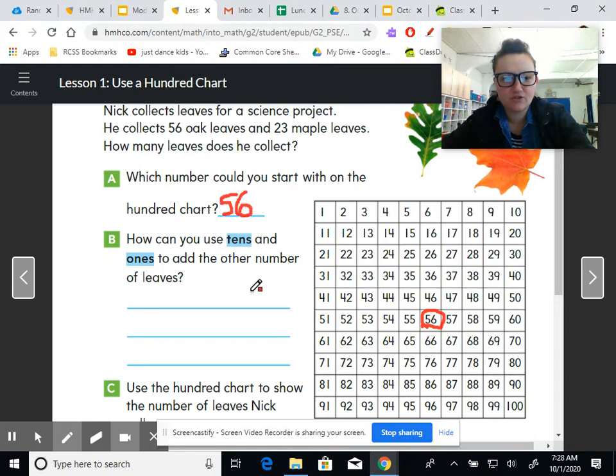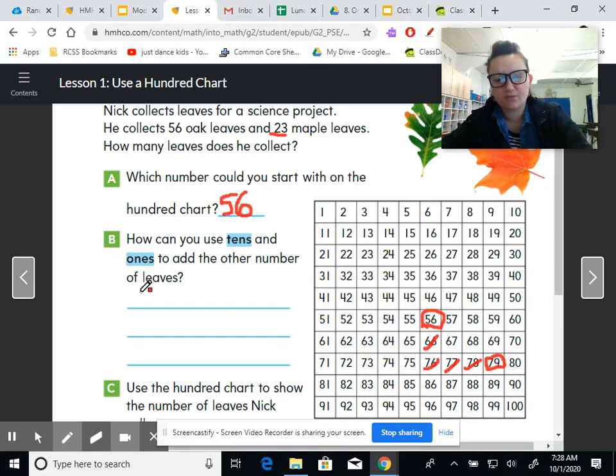Then it says, I'm going to also write 56 right here. So then it says, how could you use tens and ones to add the other number of leaves? Just like we did in the last problem. We're actually one step ahead. So 56. So let's count by tens. Ready? Because there are two tens in 23. So we're going to say 10, 20, 21, 22, 23.